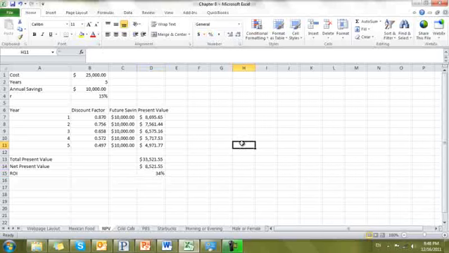And there we see we have a 34% ROI. Should you purchase that? Yes, because for every dollar we invest in this machine, we get $1 plus 34 cents back, or $1.34 back. That, to me, sounds like a pretty good investment.